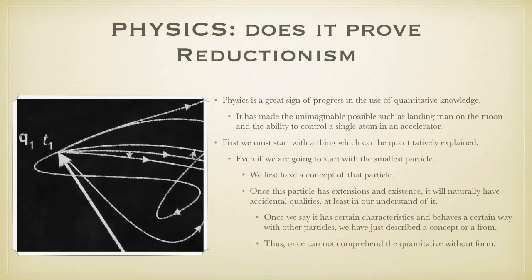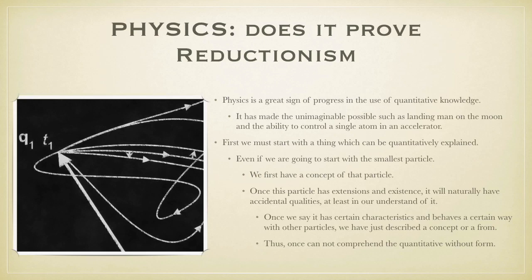When we imagine this small particle in our head, we impose quality on it. Once we attribute extension and existence, it will naturally have accidental qualities, at least in our understanding. As we continue in our knowledge or understanding of the small particle, we will claim it has certain accidental qualities and behaves in a certain way with other particles.